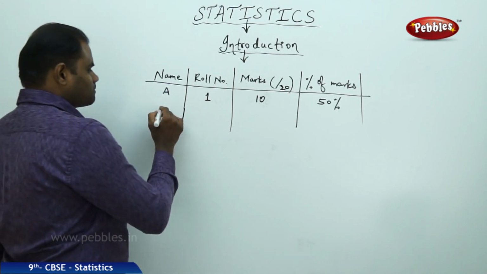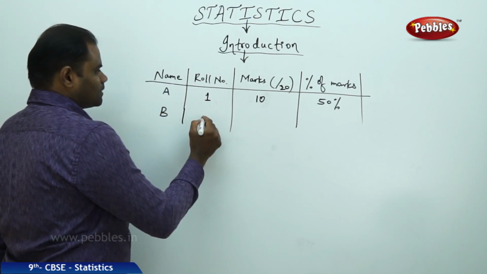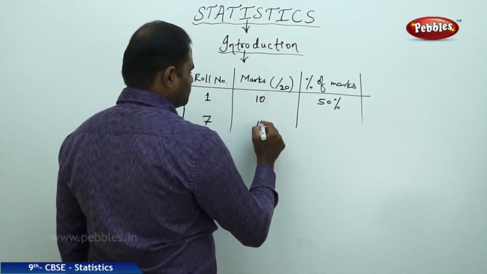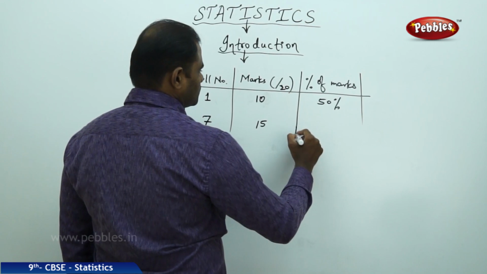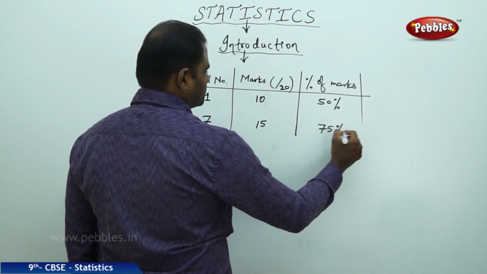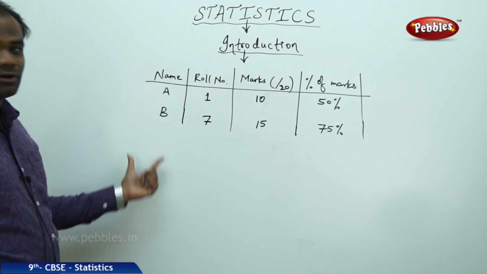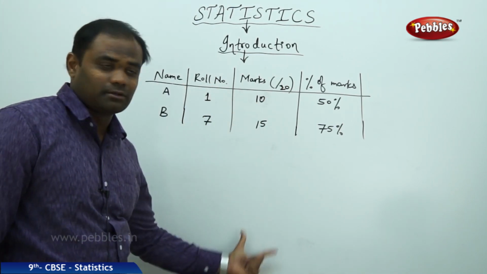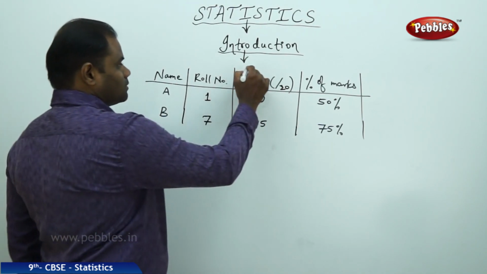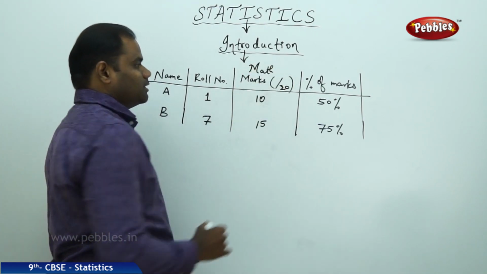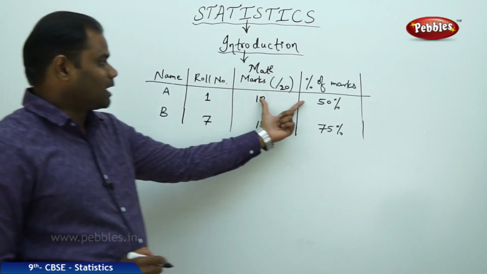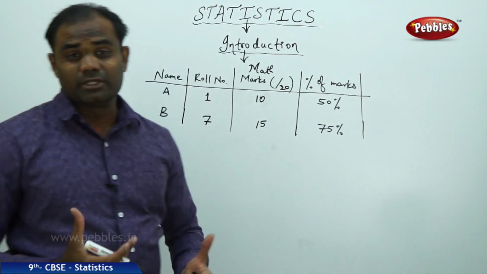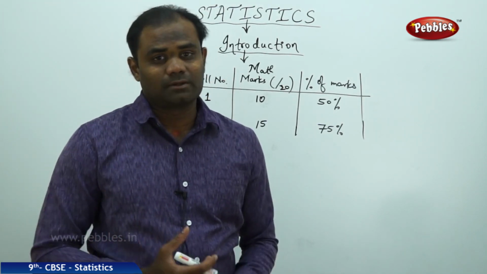And say student B, whose roll number is 7, has got 15 marks out of 20 and his percentage is 75%. So this collection of the names, collection of their respective roll numbers and their marks obtained for 20 marks in the math subject, and the percentage of those marks is what the teacher usually does before they prepare the progress card.